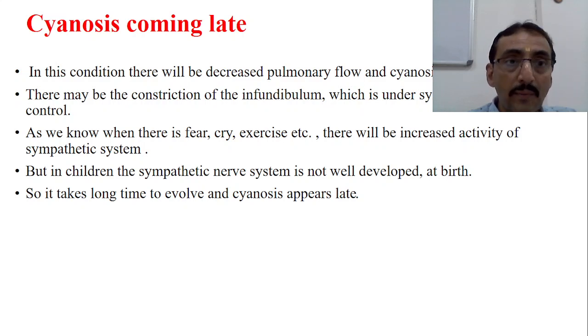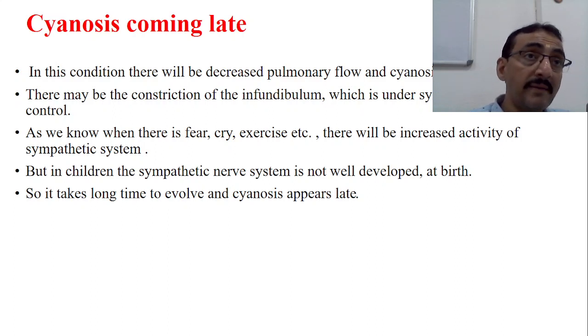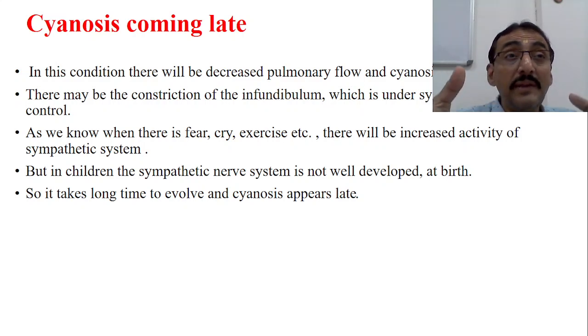As we know, when there is fear, crying, exercise, stress, etc., it always leads to sympathetic stimulation, and there is increased activity of the sympathetic system. Although this infundibular area is under sympathetic control, whenever sympathetic activity increases there is a constriction of these muscles.